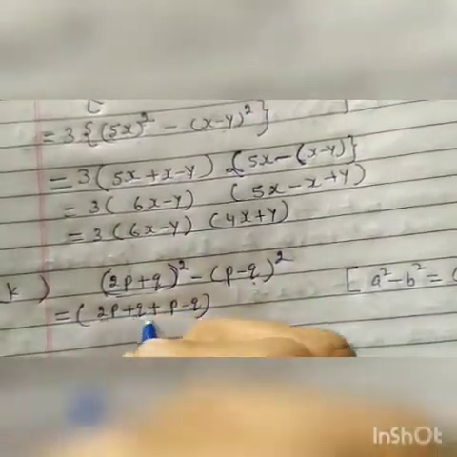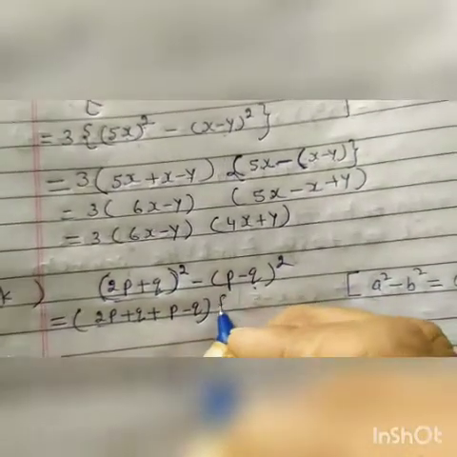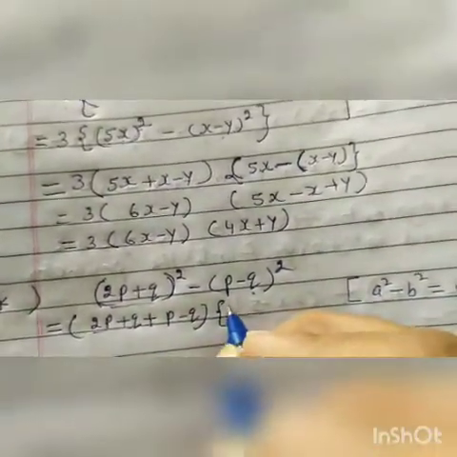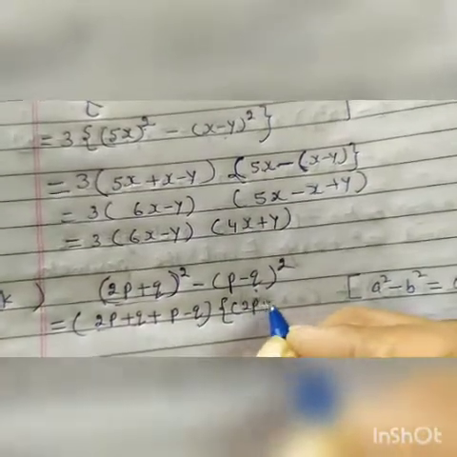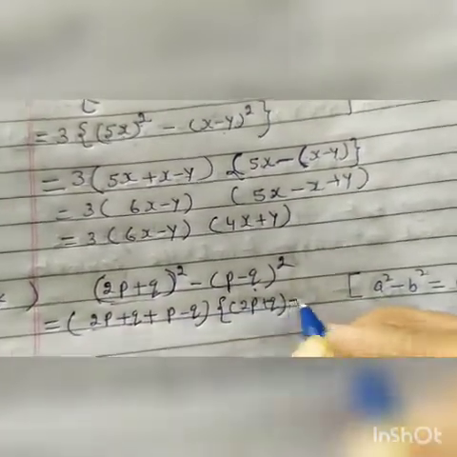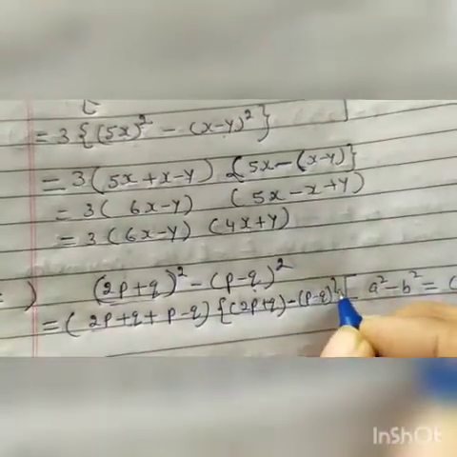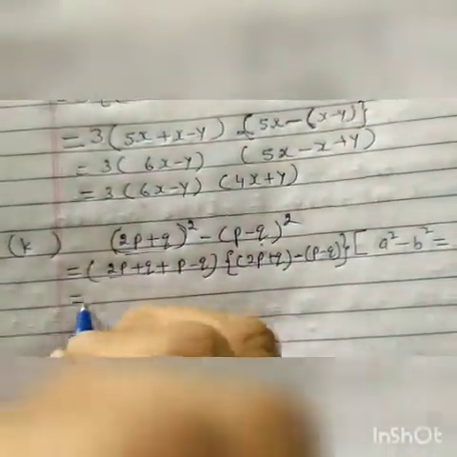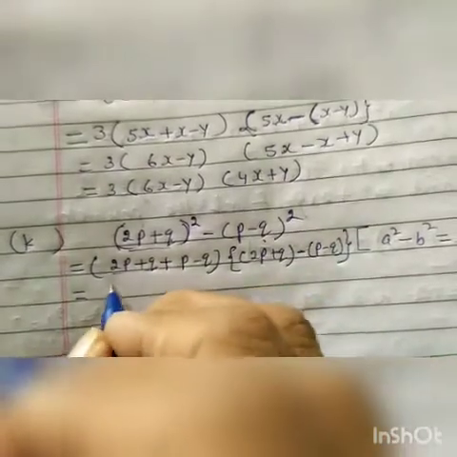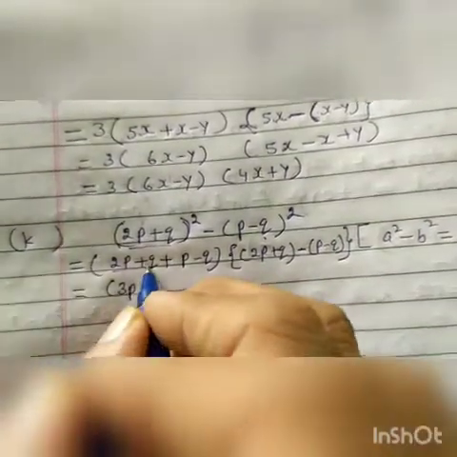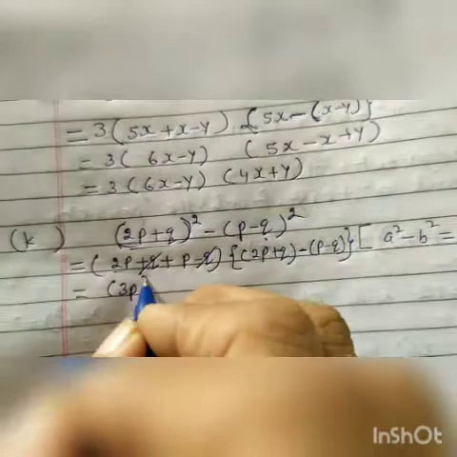This is a plus b. Now a minus b, a is 2p plus q, then minus b is p minus q. Now we will solve 2p plus p. It will become 3p, plus q minus q cancels.